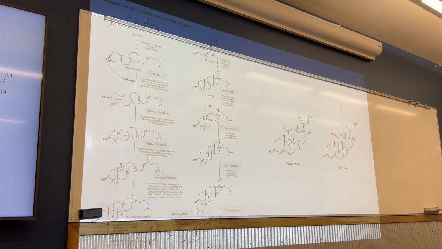So this R group here is going to flip up. So you can see cortisone and cortisol, they both have that R group flipping up. And so eventually, again, with these successive rearrangements, we get to that common denominator structure for lipids.